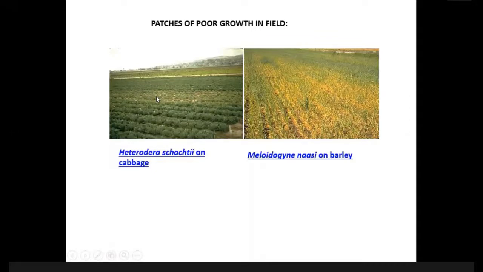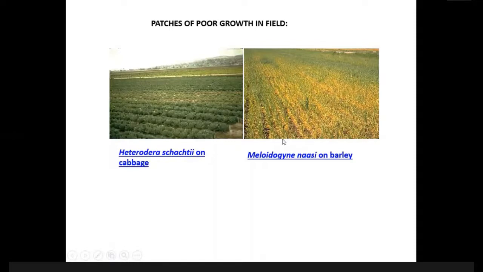The nematode Heterodera sacchari is present in the soil and infests the root. As a result, the growth and development of the plant is not as healthy as in this row where nematodes are not present. You understand? That is patches of infestation. Also over there, Meloidogyne causes infestation in this row, for example. But over there, you can see green.